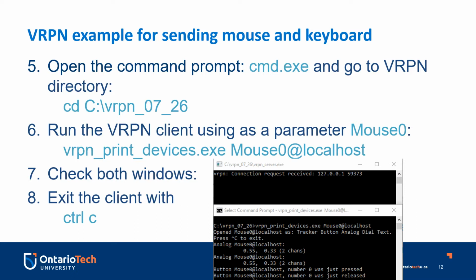In this case it is Mouse0@localhost. In the window of the client, there is the information sent by the server, and the server also shows information about the client connection.